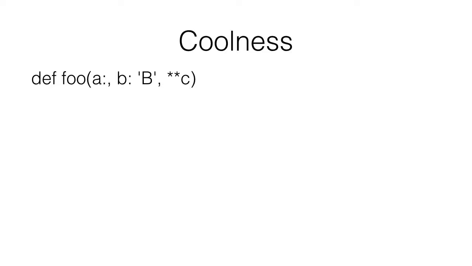All right. So I have a function, and I give it a final double splat, and I'm calling it C. I've taken to calling it C. C is for context. Now notice I can call this function foo and supply it with any keyword arguments I like. Make up any kind of nonsense I like.